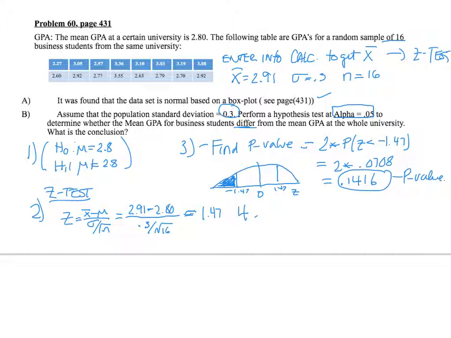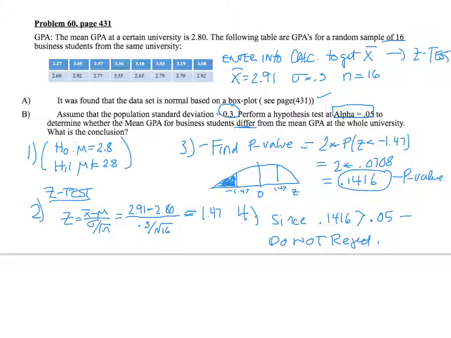Step 4 is since 0.1416 is greater than 0.05, we do not reject.